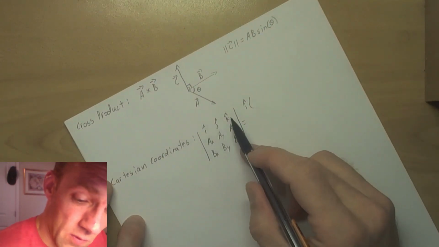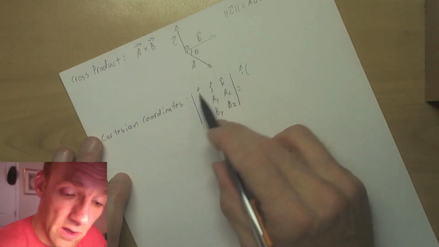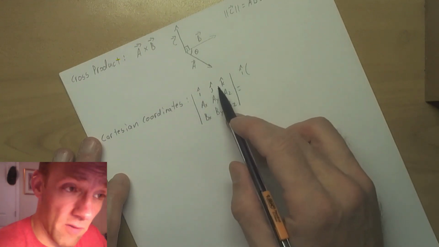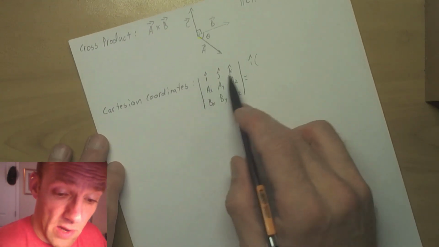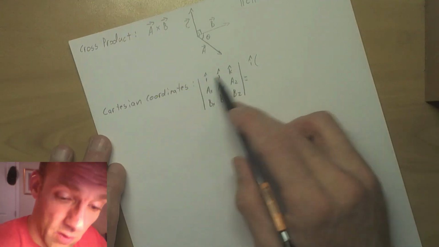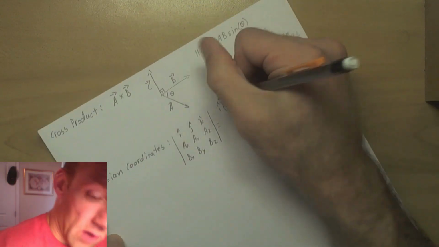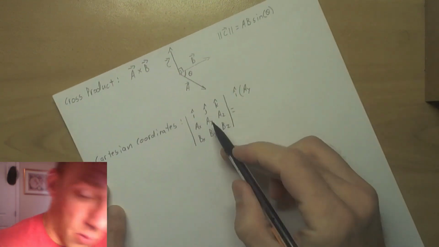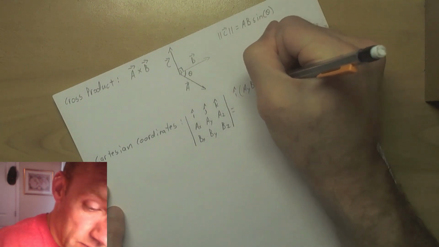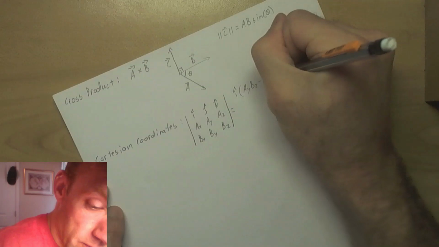I take the determinant of this matrix. If you remember from calculus, or if you've done any linear algebra, at some point in your life you've hopefully seen this. You eliminate the row and the column. In this case, we're choosing to expand in terms of the first row. So you take the product AYBZ minus AZBY.